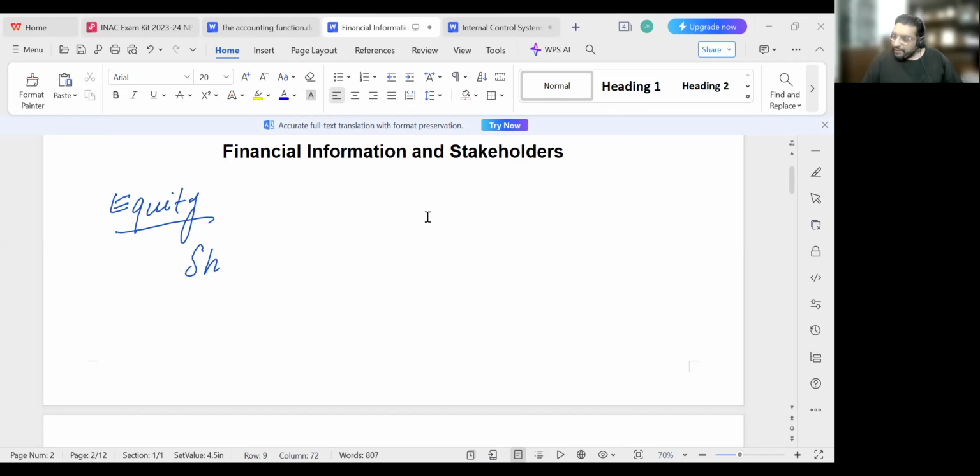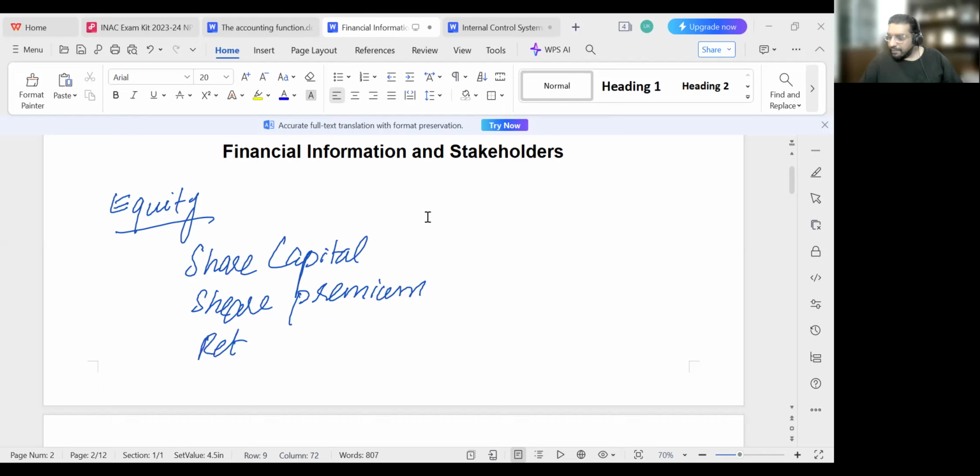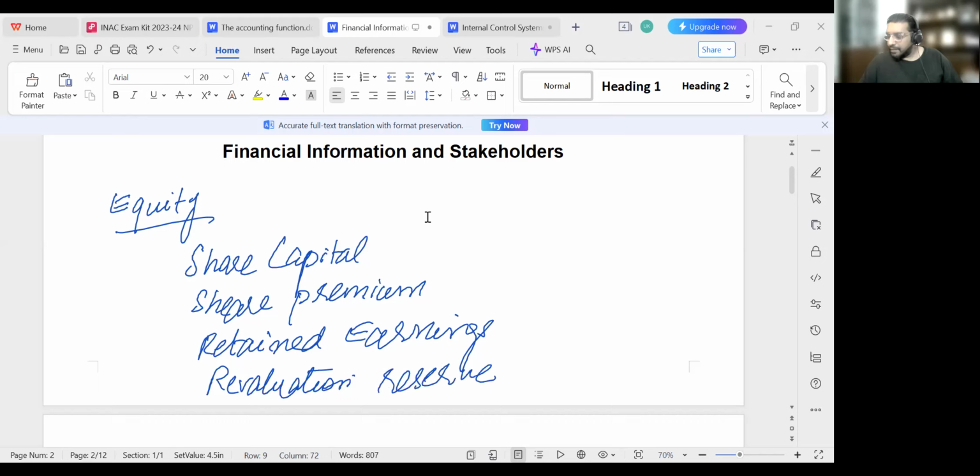Share capital, share premium, retained earnings, revaluation reserve, okay?